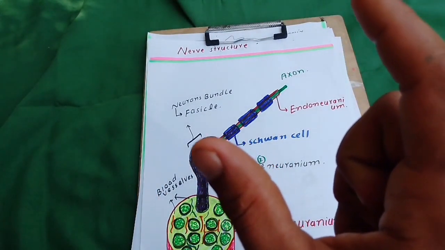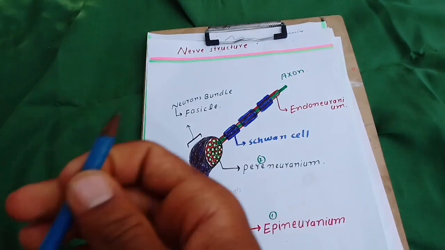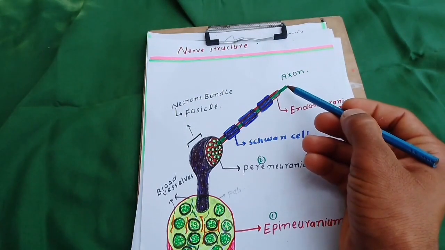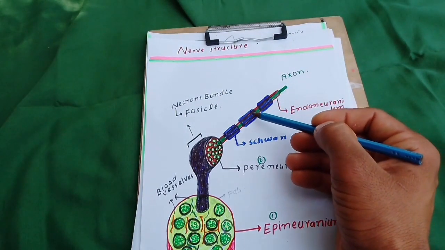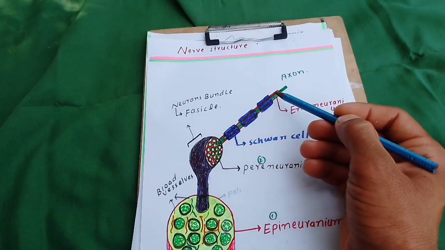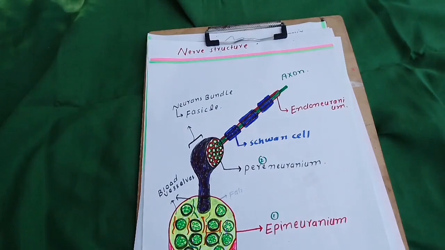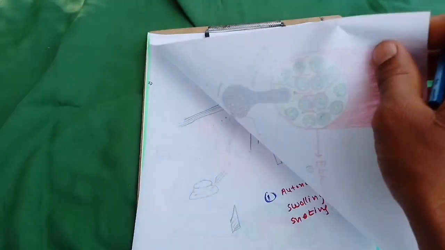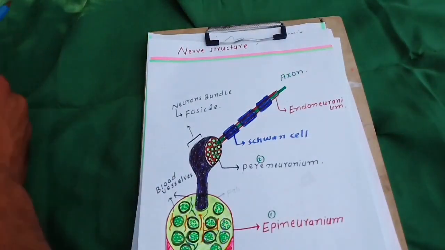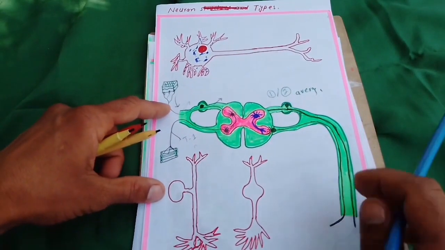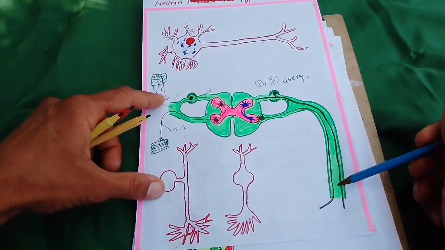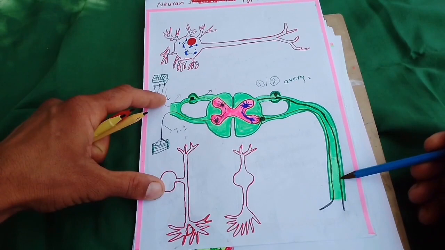One thing to be noted, a nerve is a bundle of axons. Why is it a bundle of axons? Look at this diagram. Suppose this is a nerve.